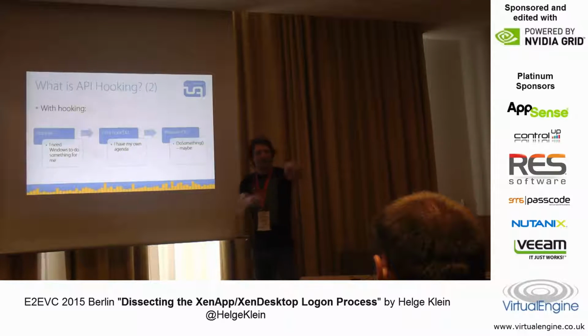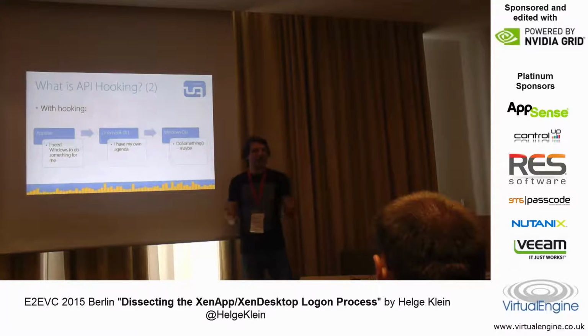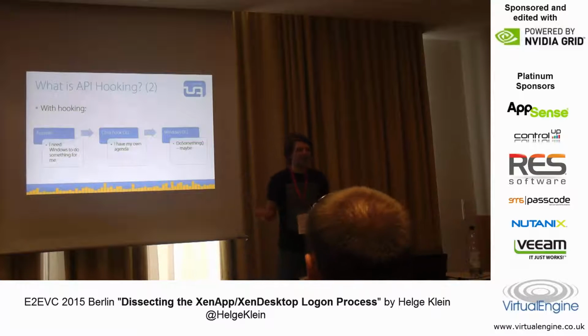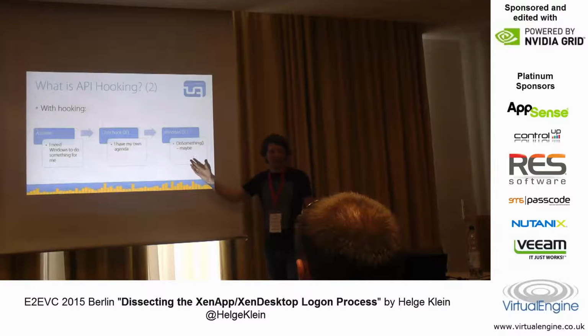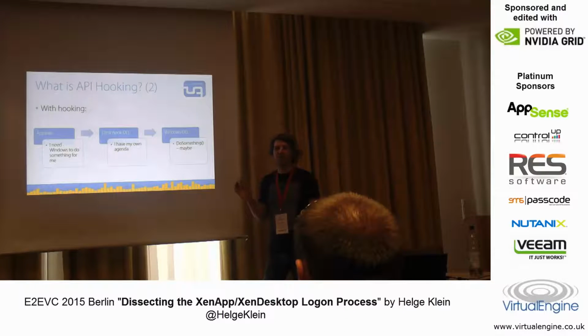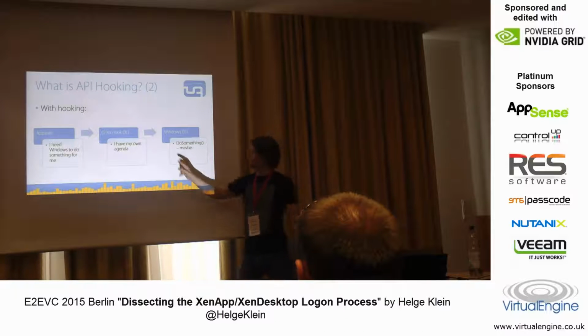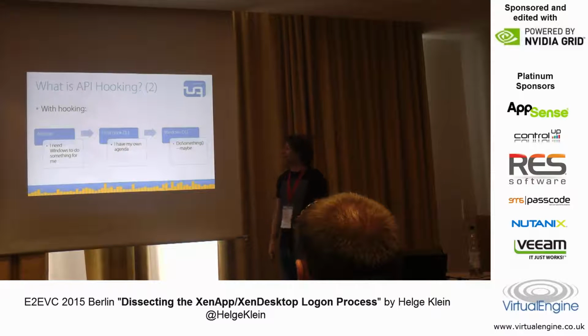And you here in front can of course do anything with my message. You can just drop it, you can change it, you can do whatever you want. So you can totally change the way things are working. So API hooking is extremely powerful and extremely dangerous too, because if these guys here mess up, everything is affected.